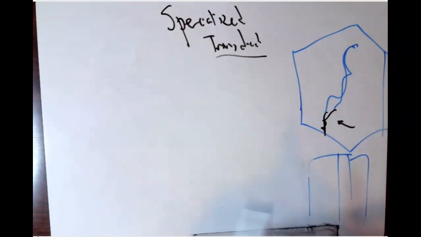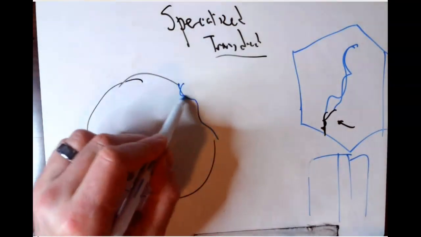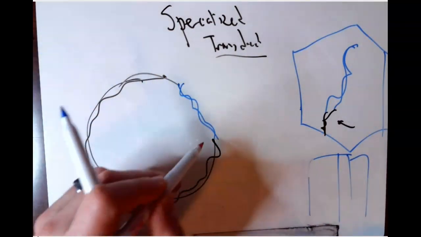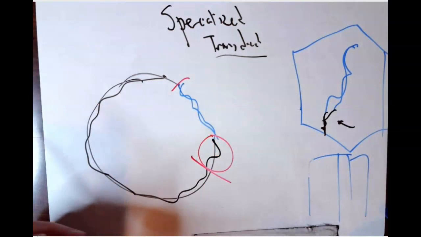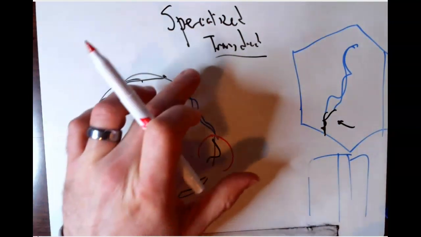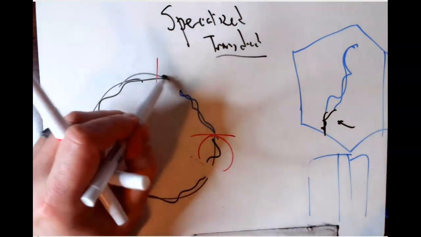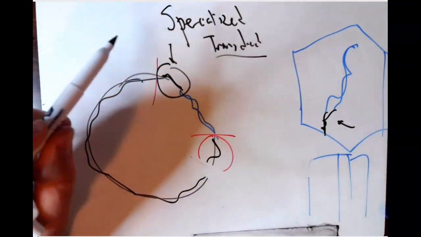But we really didn't answer why it's specialized transduction, did we? So if we imagine that this was the original integration site, and the DNA that we are transducing is here, what we realize is that because this relied on an improper excision, it's possible that instead of making this mistake, which is what we made, the mistake the virus makes is this one, and so we could transduce this DNA as well.